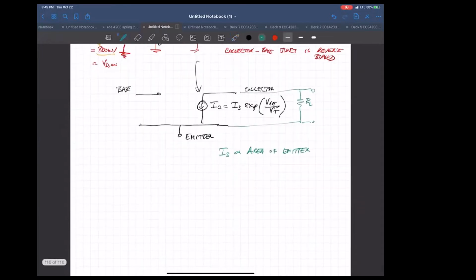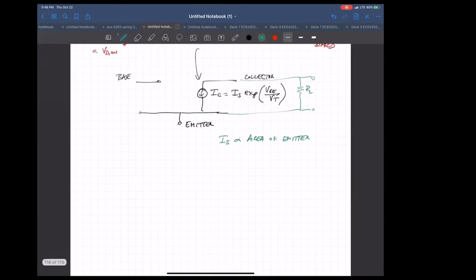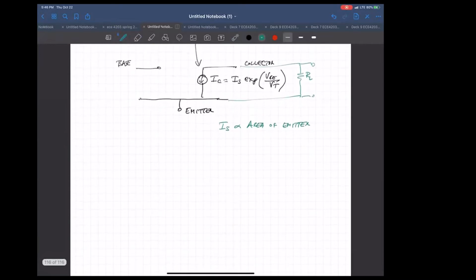So this is a very theoretical way of looking at it. So let me draw an actual bipolar transistor, what it would actually look like in the circuit. I would draw the bipolar transistor and put the VBE here, and then I would put the resistor to the collector like that.